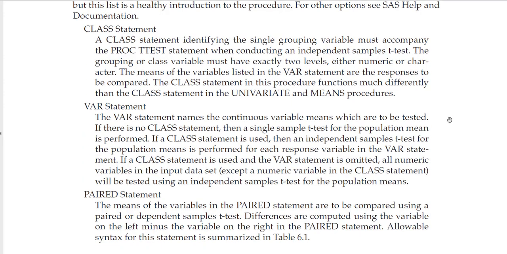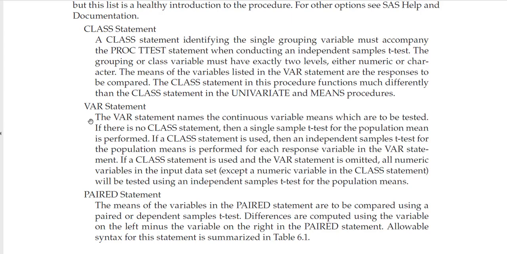The CLASS statement in this procedure is a bit different than the CLASS statement that we saw before in the univariate and means procedures. The CLASS statement here identifies the variable that creates the two populations you wish to compare when you want to run an independent t-test. In PROC UNIVARIATE and PROC MEANS, it kind of worked like a BY statement and didn't require a sort. That's not the case here. The CLASS statement says which variable identifies the populations to be compared.